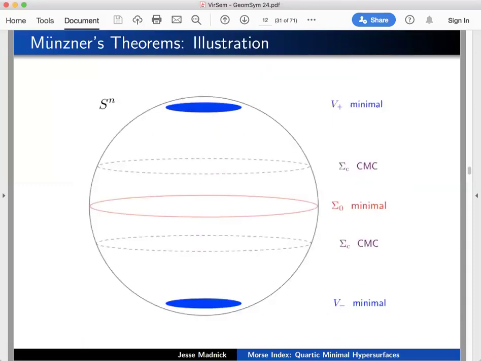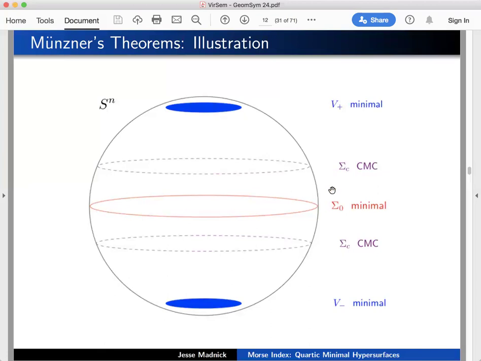Yeah, so geometrically, I suppose, if you consider the level sets of f, you get what is essentially a foliation of the round sphere by isoparametric, hence CMC, hypersurfaces, with the exception that these caps here are high codimension minimal submanifolds, right? So here you have sigma 0. This is a minimal hypersurface.